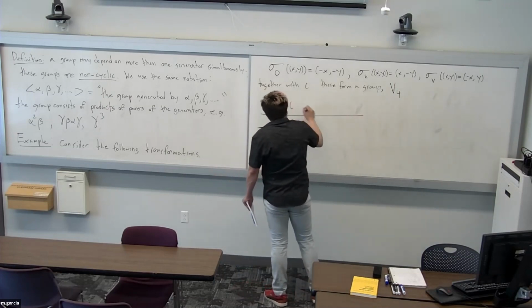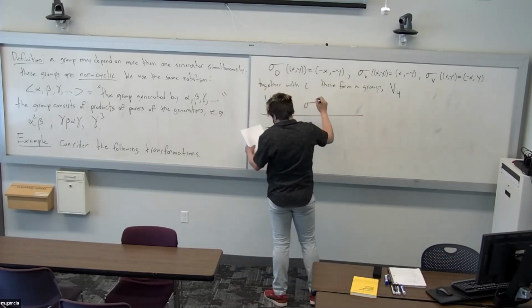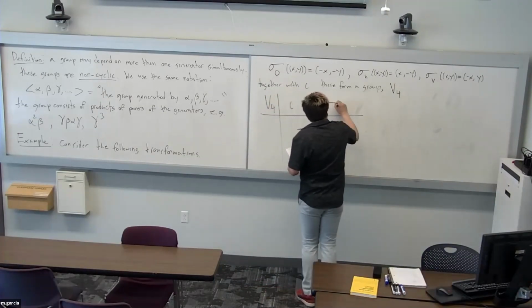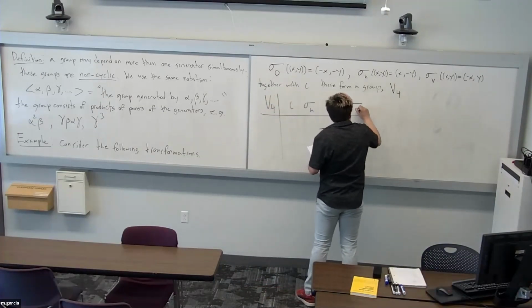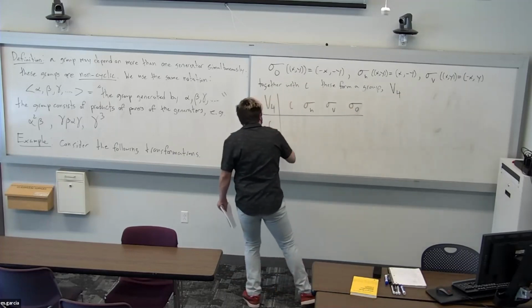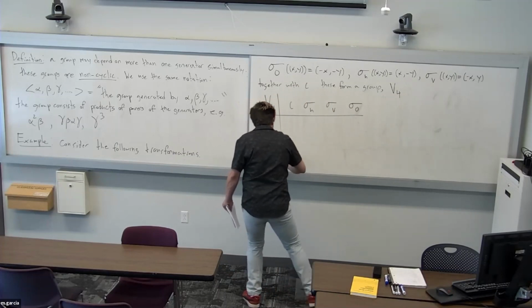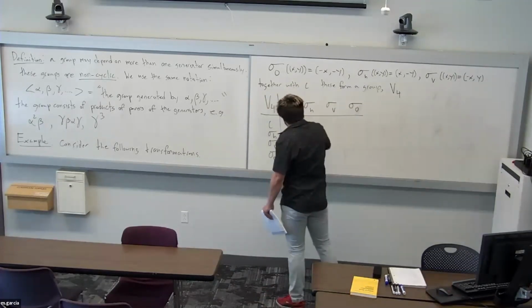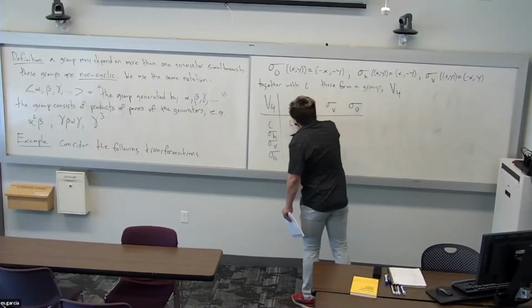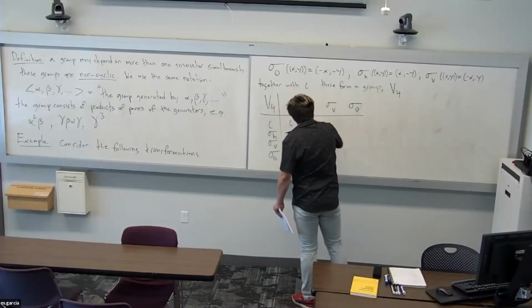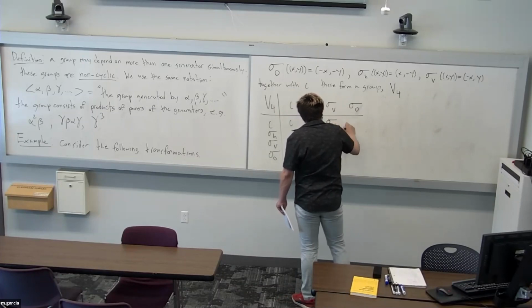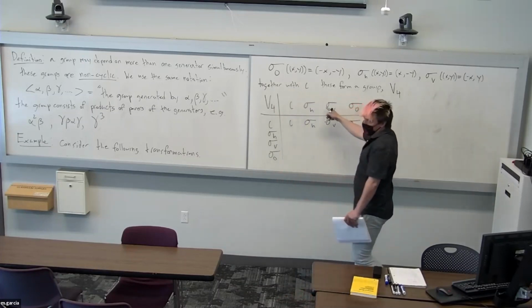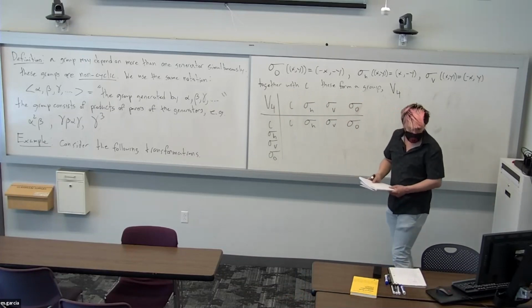So again, we have iota. How did I write this? Sigma H, sigma V, sigma O, iota, sigma H, sigma V, sigma O. Okay, so iota, iota, you got iota. Of course, my first row, since iota acts trivially, I just get the top row again.